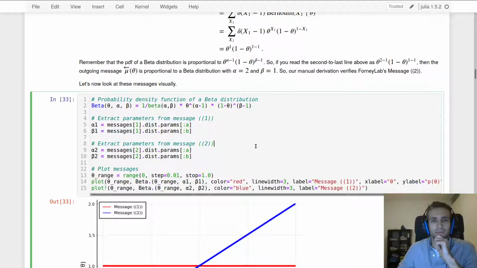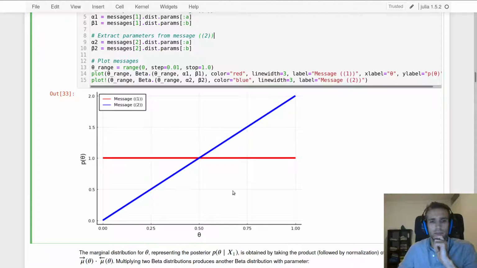If you look at these messages visually, that produces this graph. This red line is the message from the prior, and I told you before this is an uninformative prior, and this is what uninformative priors look like. All values of theta are given equal probability prior to observing data. So that's just a straight line. This other message is a linear increasing line.